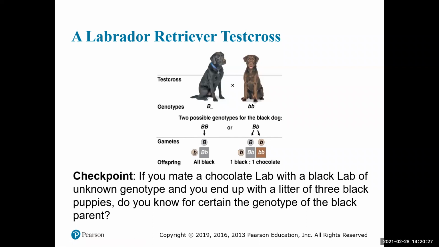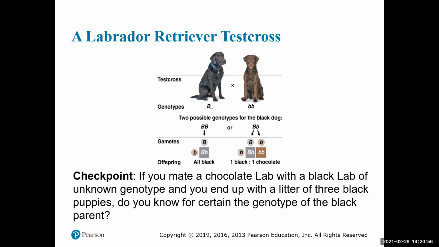Now, if the genotype for the black parent is heterozygous, then half of the offspring will be black and half of the offspring will be brown. That is because the parent will be giving a dominant allele and a recessive allele. And so we can do the test cross to determine exactly what the genotype of the parent is.